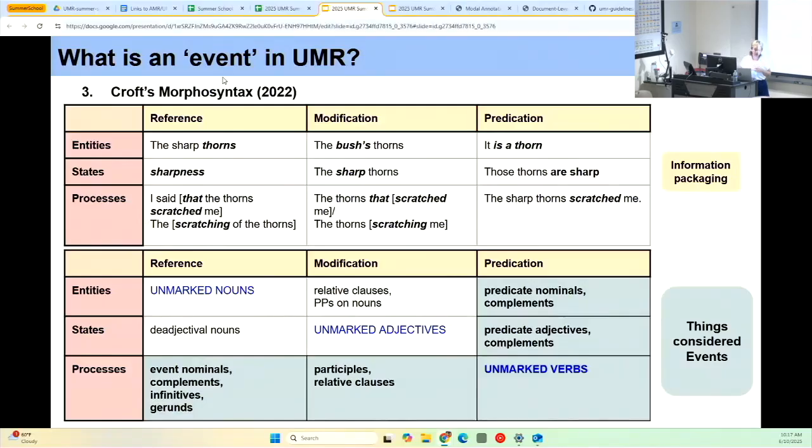I don't understand why you consider an event a complement. It's a that clause that you consider annotating as an event? I understand that, for instance, scratch, of course, okay, you annotate as an event, but why a complement? What do you mean? So if you have, say, a main clause and a complement clause, that complement clause, let's go processes.